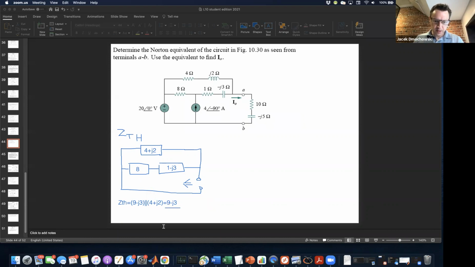What I do is multiply the top and the bottom by the conjugate. The result, which you should verify for yourself, is that ZTH equals 3.18 plus j0.71.